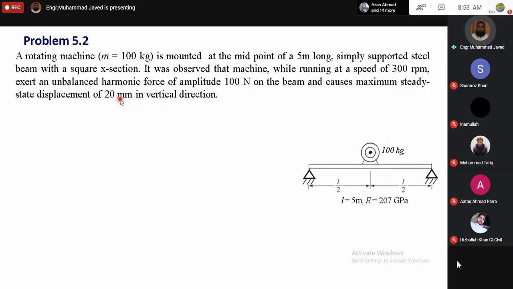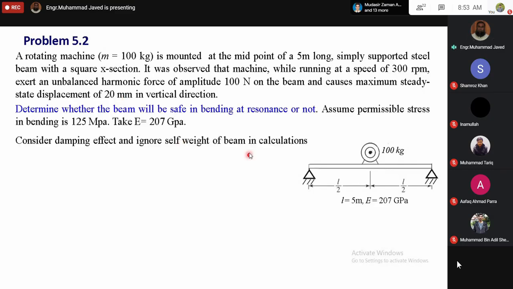यानी ये मशीन जब 300 आरपीएम के साथ रोटेट कर रही होती है तो 100 न्यूटन हार्मोनिक फोर्स वर्टिकल डायरेक्शन में प्रोड्यूस होती है, जो कि 20 मिलीमीटर डिस्प्लेसमेंट वर्टिकल डायरेक्शन में प्रोड्यूस करेगी। अब हमने मालूम ये करना है कि if resonance occurs in this beam, that is frequency will be equal to resonant frequency, तो उस सिचुएशन में ये बीम बेंडिंग या फ्लेक्चर में सेफ होगी या नहीं। And assume maximum permissible stress in bending is 125 megapascal.